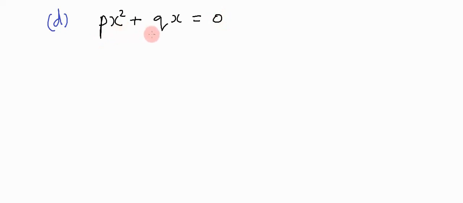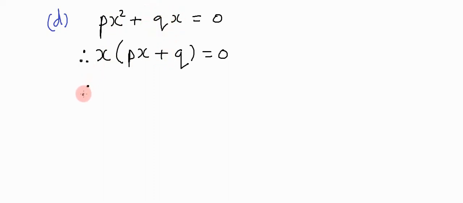Once again, we can take out a common factor of x here. So x into px squared, px times, and x into qx, q times. We can check that we get back what we had at the beginning when we multiply out. x times px will give us px squared, and x times q will give us qx.